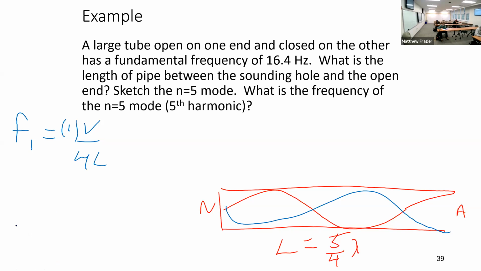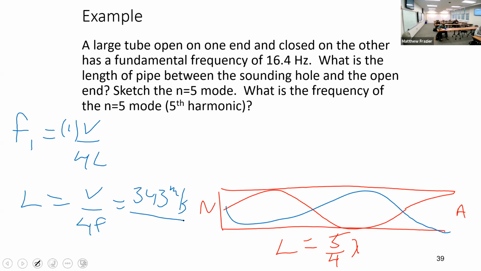So rearranging this, we would get length L is V over 4F. So 343 meters per second over 4 times 16.4 hertz. The hertz and the per second cancel out, you get meters. This is 343 divided by about 65.